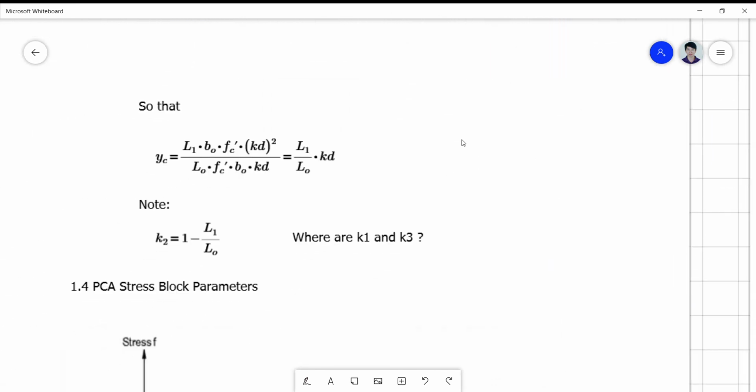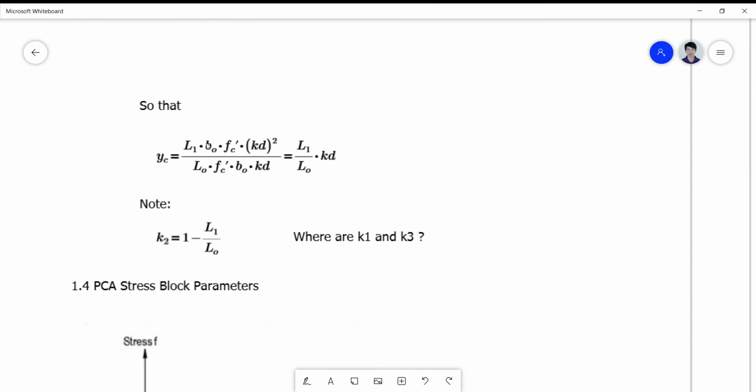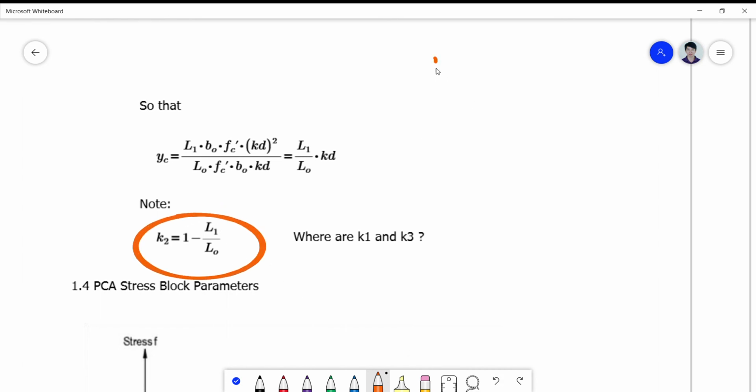And dividing your Cc yc by Cc will lead to a yc equivalent to L1 over Lo kd. Note that k2 is simply this formula here. What is k2 again? In our figure a while ago, your k2 is the centroid. So this is k2 kd.